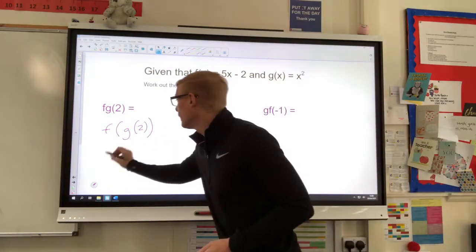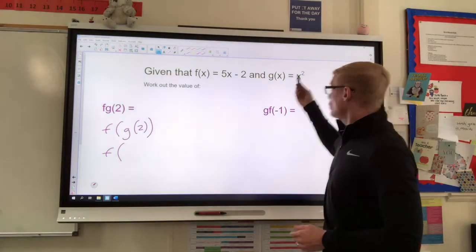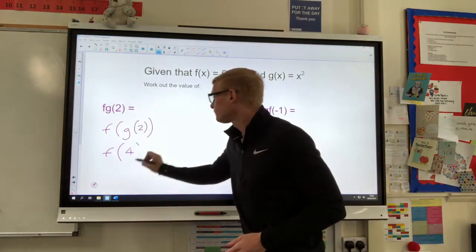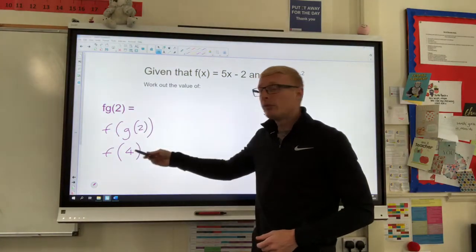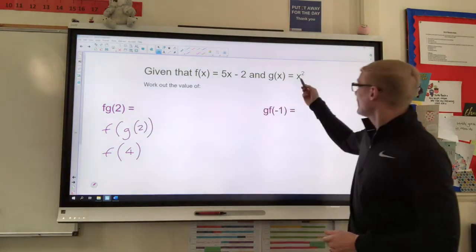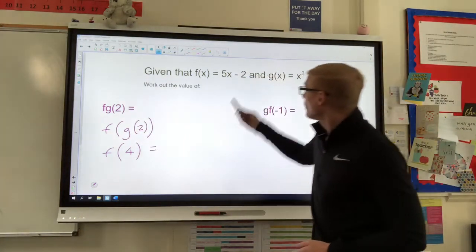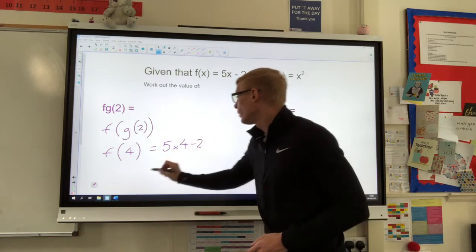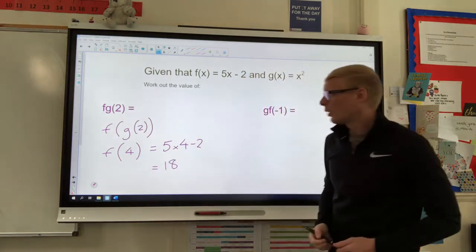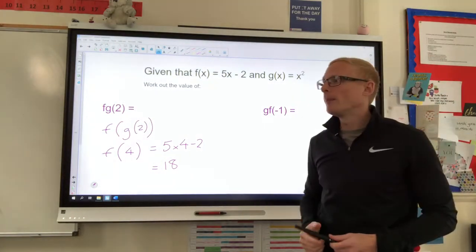Okay, so what I'm doing here is I'm saying f of g of 2, 2 squared is 4 here. So I've just replaced g of 2 with the number 4 by substituting 2 into here to get 4. And then f of 4, if I put that into here, I've got 5 times 4, take away 2, which gets me 18 that way as well. Okay? Now that's the second method, and that's the slightly quicker one.